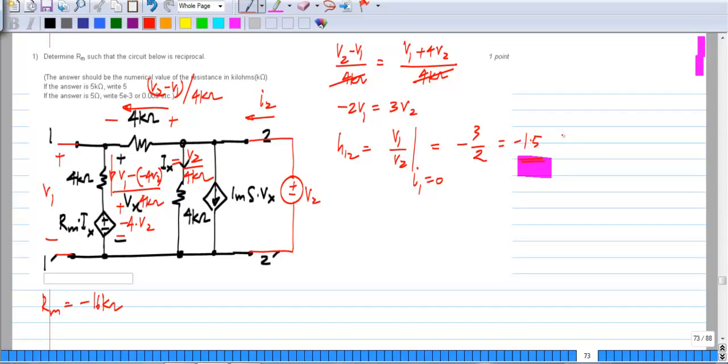Okay. So we already know two components of I2, the current flowing here and the current flowing there. So we need to find the current flowing there. It's 1 millisiemens times Vx, which is 1 millisiemens times V1, because Vx is the same as V1.